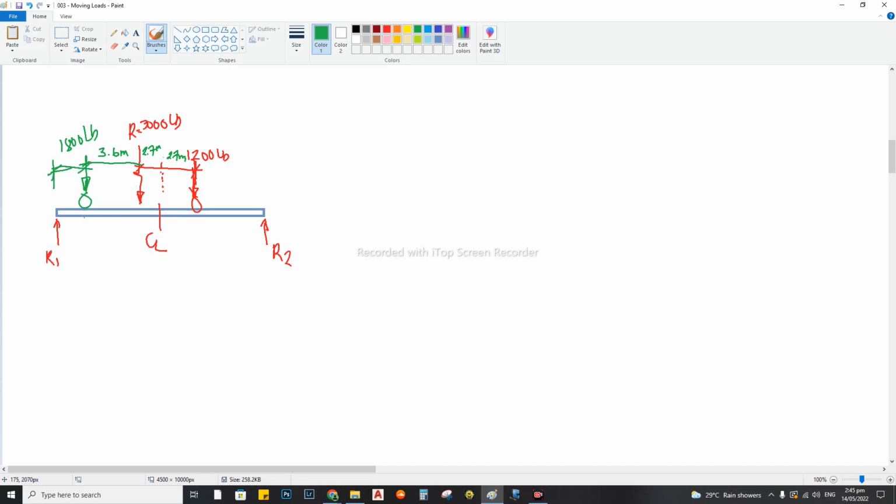So nabilin nga distance ni diri or ang distance ni load A from our first support or reaction 1, that will just be equal to 7 minus 3.6 minus 2.7 meters is equal to 0.7 meter. Okay. So distance ni resultant force from the leftmost support ay 4.3 meters.